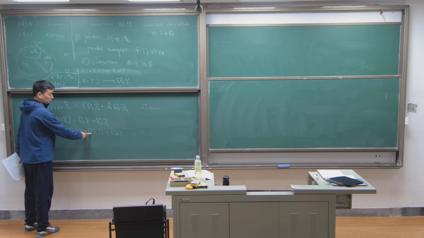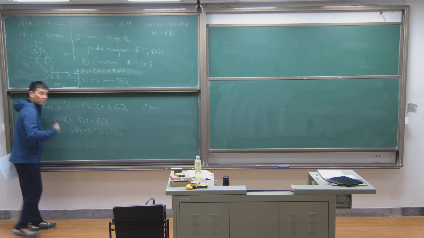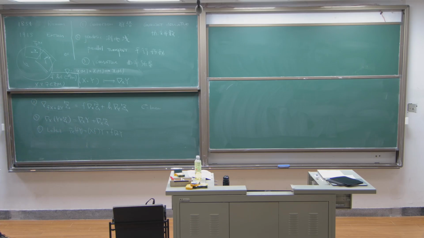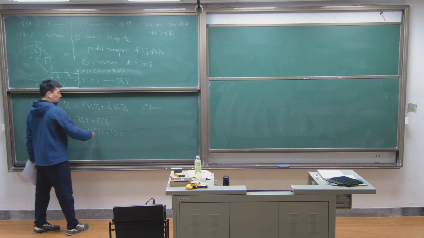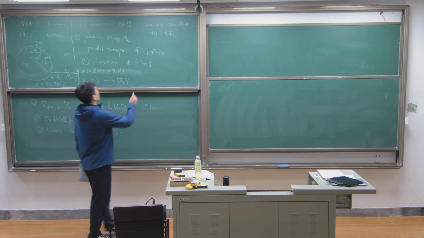If a vector field acts on a function, you get a function. Function multiplied by a vector field, you get a vector field. And the vector field has linearity, so you can add them up. If they satisfy these three conditions, this is called a connection.